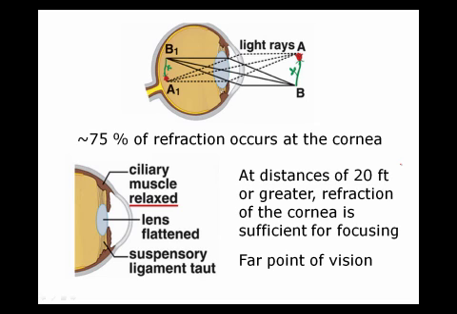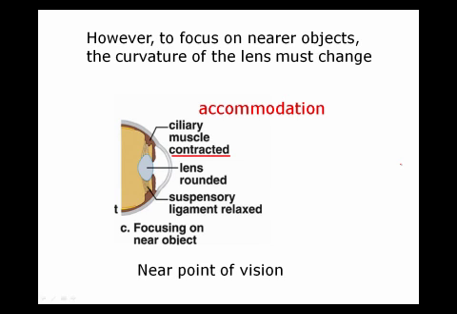However, if we move closer than 20 foot, those nearer objects, the rays are coming in more divergent, and so refraction at the cornea is no longer sufficient for focusing to occur. So as we move closer and closer to the eye, the ciliary muscle has to contract, the lens has to change shape.